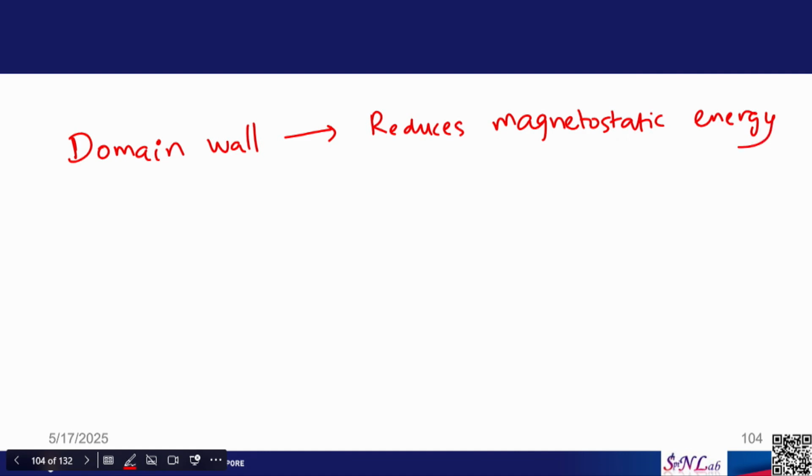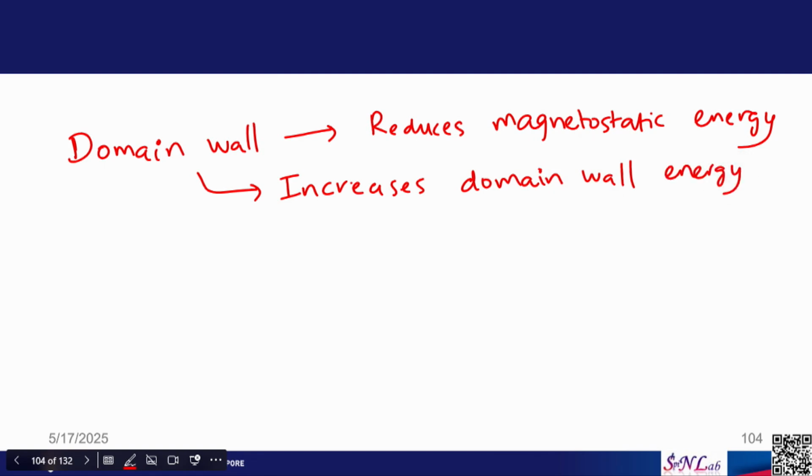It is like having a magnet flipped and attracted to each other. But the formation of domain wall actually increases something called domain wall energy. I haven't taught you what is domain wall energy, where does it come from.